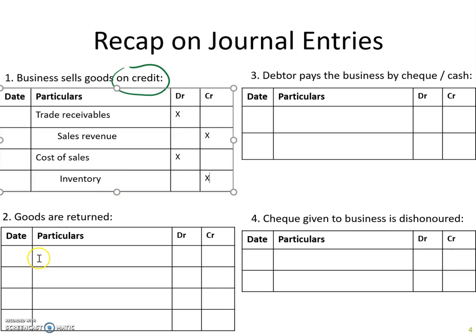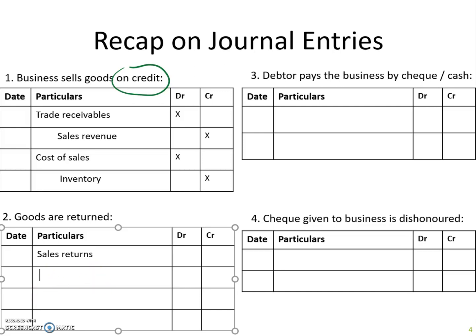Okay, and when the goods are returned, we'll just reverse out everything that we have done just now. So the first one, we will debit my sales returns. Okay, because the goods are returned from the customer to the business.